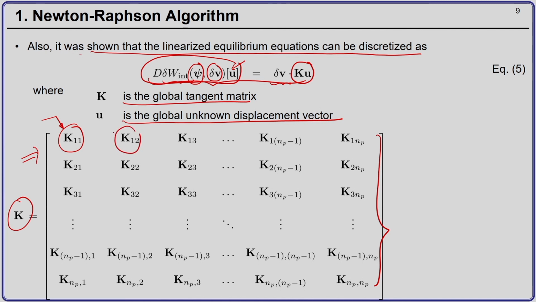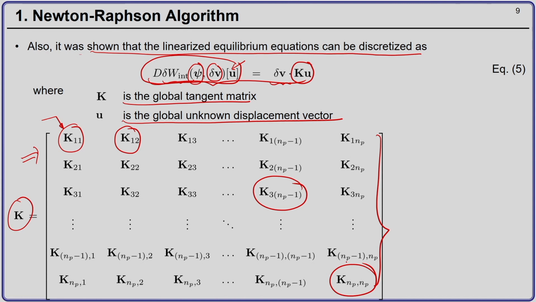So, k 1 2 denotes the changes in the tangent matrix at node 1 because of the changes in node 2. Similarly, k 3 n p minus 1 will denote, for example, the change in the tangent matrix at node 3 because of the change at node n p minus 1. Like this, we can compute the tangent matrix.